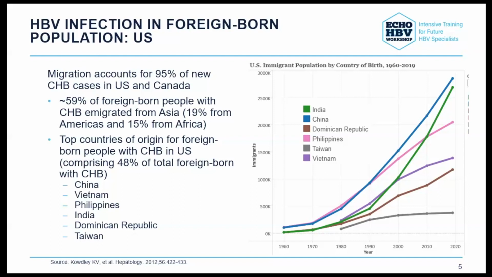So the vertical transmission, mother to child transmission in Asia, leading to a high incidence or prevalence of the disease in Asia, as immigrants come to the United States, can actually increase the number of patients in the US with hepatitis B.